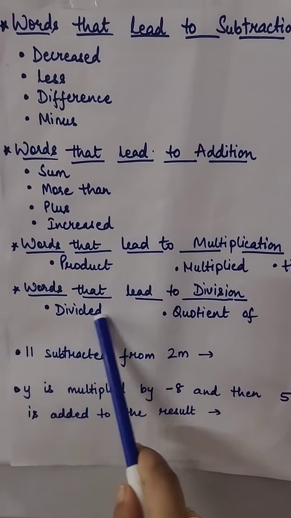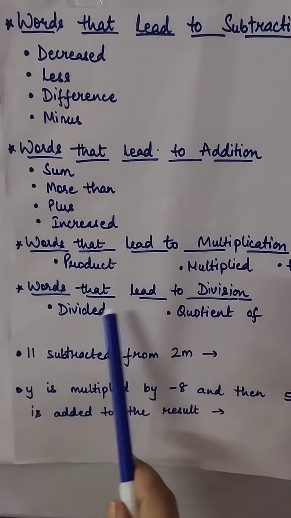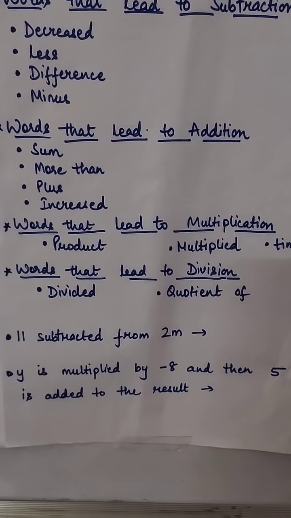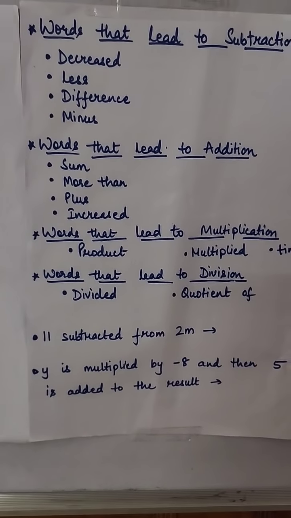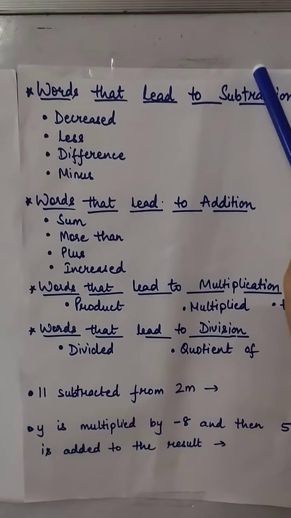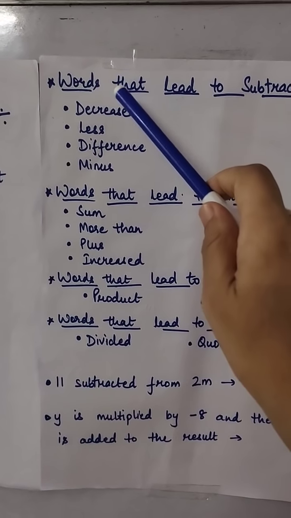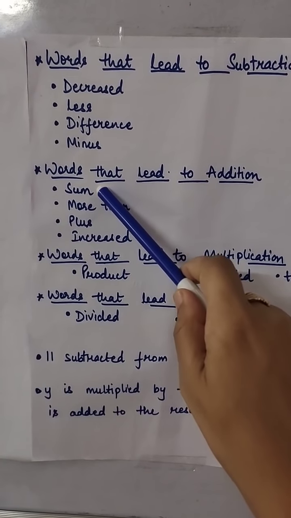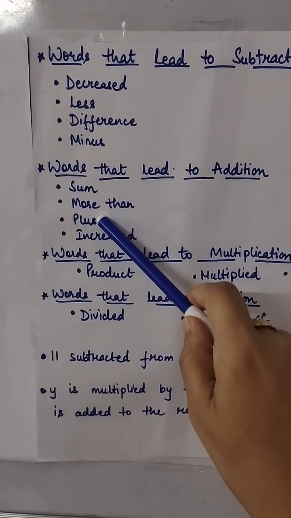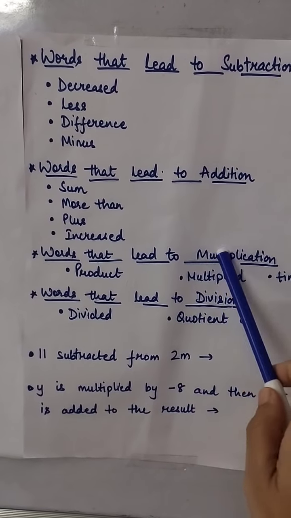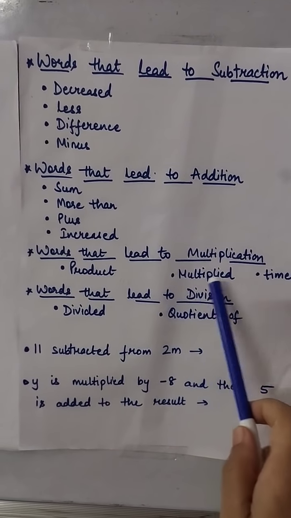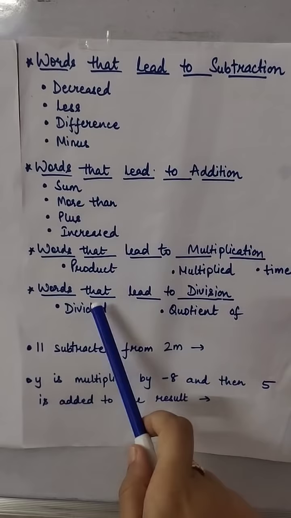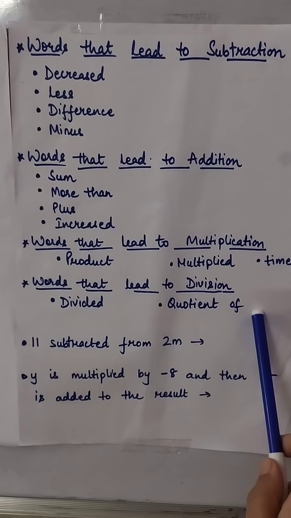So when we use these words, we are doing division. So for subtraction we use decrease, less, difference, minus. For addition we use sum, more than, plus, increased. For multiplication, product, multiplied, or times. For division, divided, or quotient of.